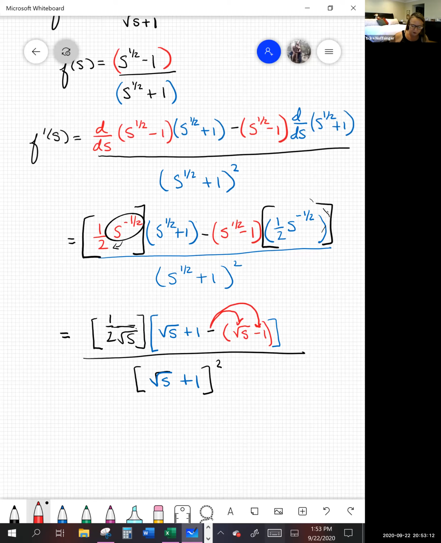So this negative square root of s plus the square root of s inside the second bracket in the numerator cancels. Here we have a positive 1 times a negative 1. So 1 plus 1 is 2. So we have 1 over 2 square roots of s times 2, all over this.